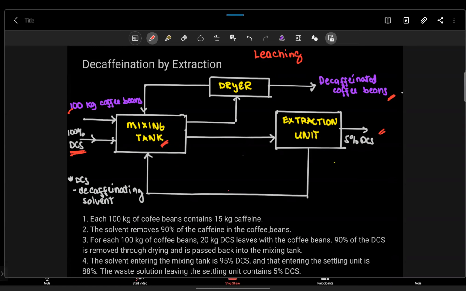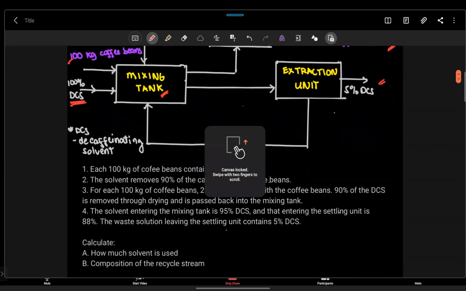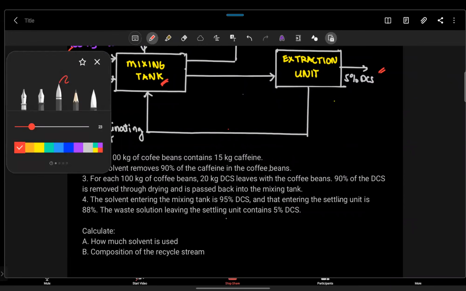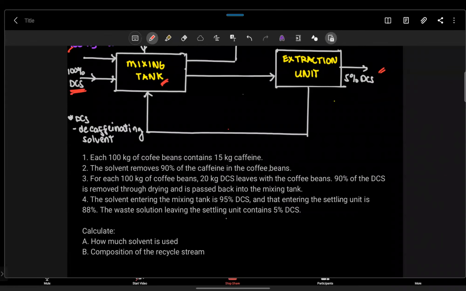Now, here are a few given information. Okay? So number 1, each 100 gram of your coffee beans or 100 kilograms of your coffee beans contains 15 kilograms of caffeine. So ano ibig sabihin nun?